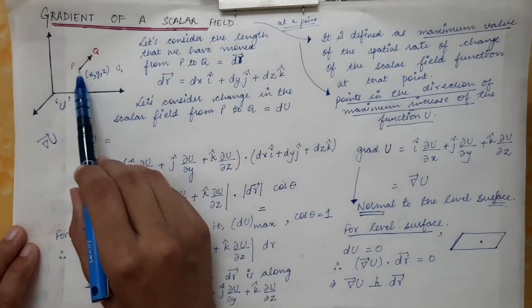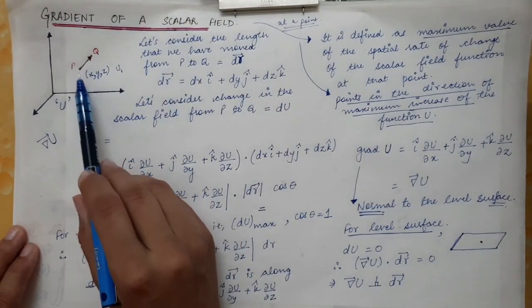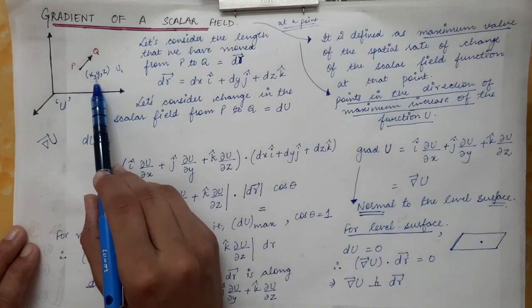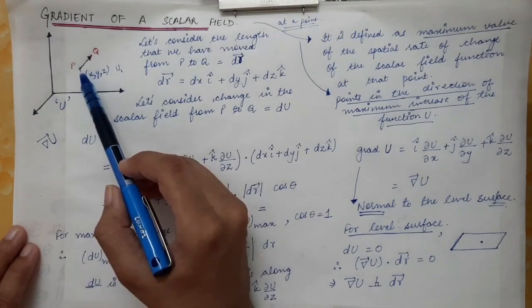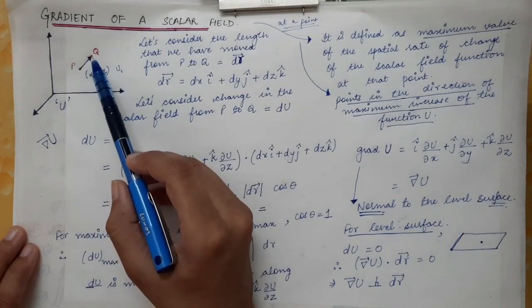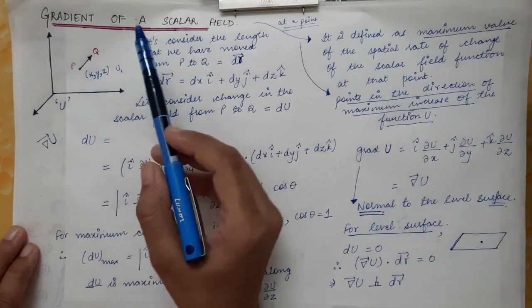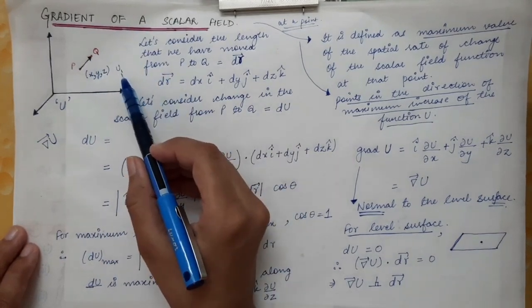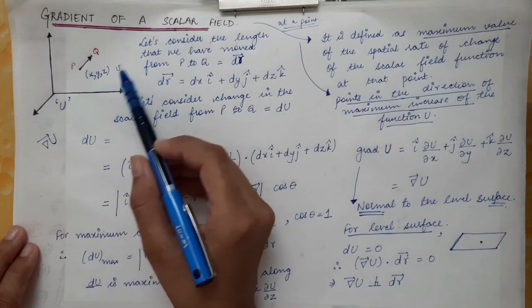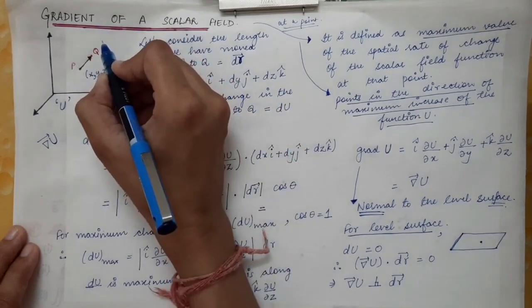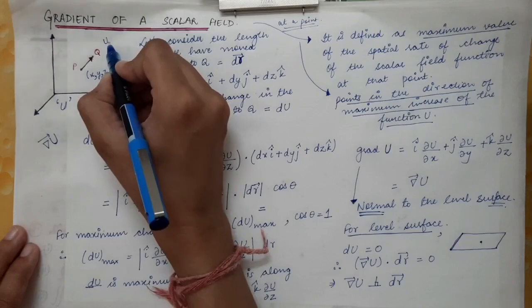U1 is the value of the scalar function at P, and the coordinates of P are X, Y and Z. When we are moving from P to Q, there is a change in the scalar function. At point Q, the value of the scalar function will not be U1, it will be some other value. Let's say that is U2.